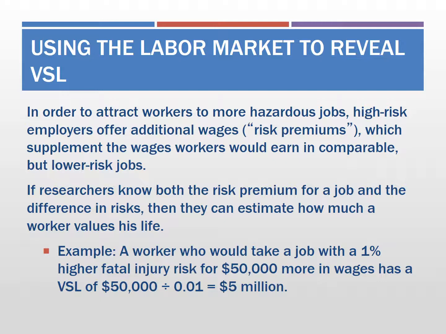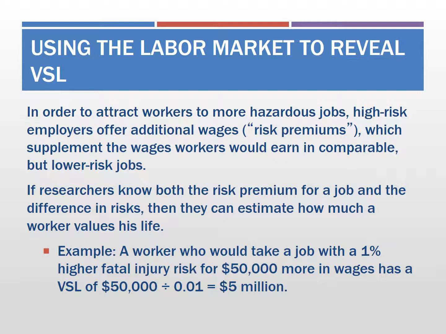So in this case, people who value their life at more than $5 million will not take on the additional $50,000 pay in the job. Instead, they will find something that pays a lower salary but is risk-free in the job environment.